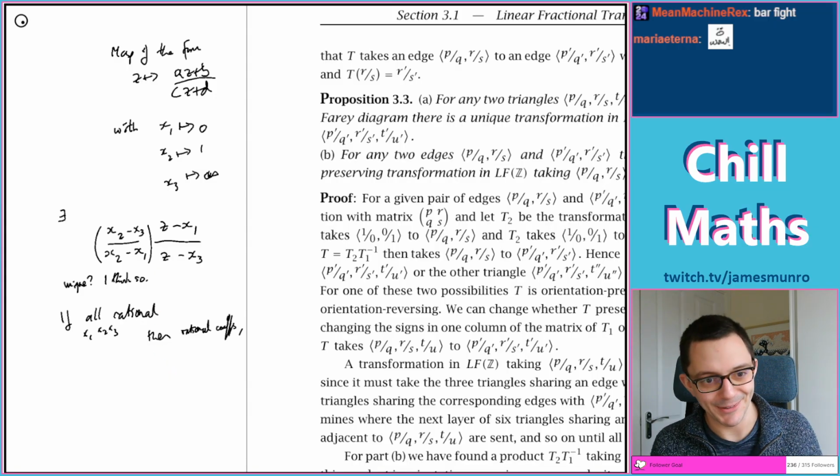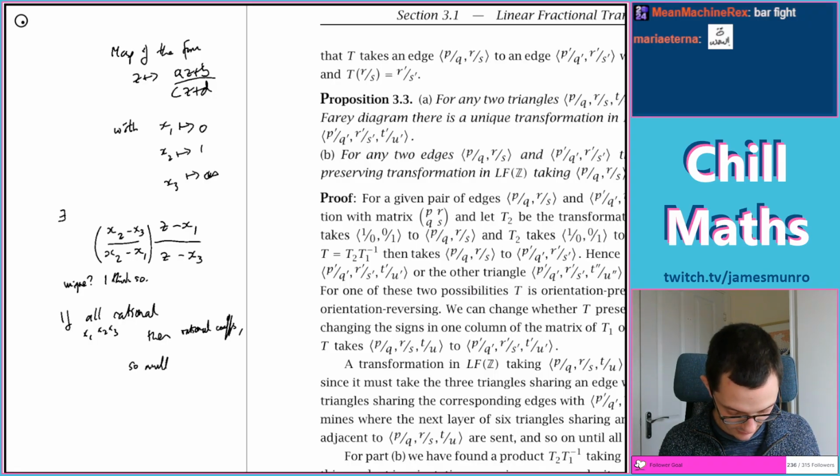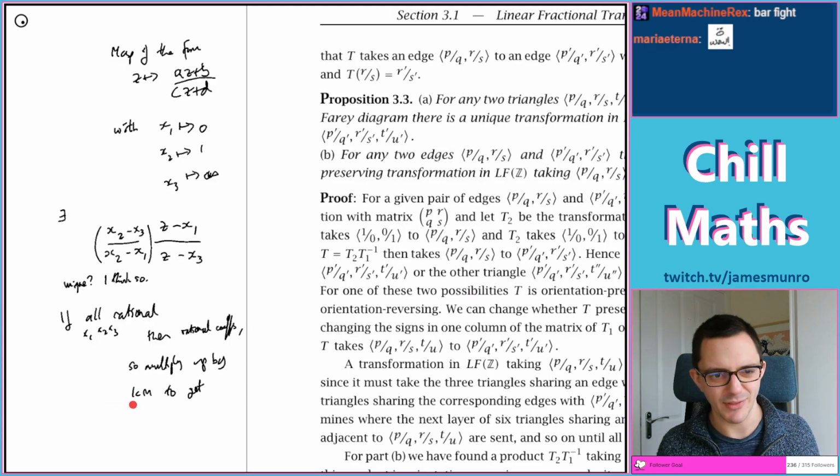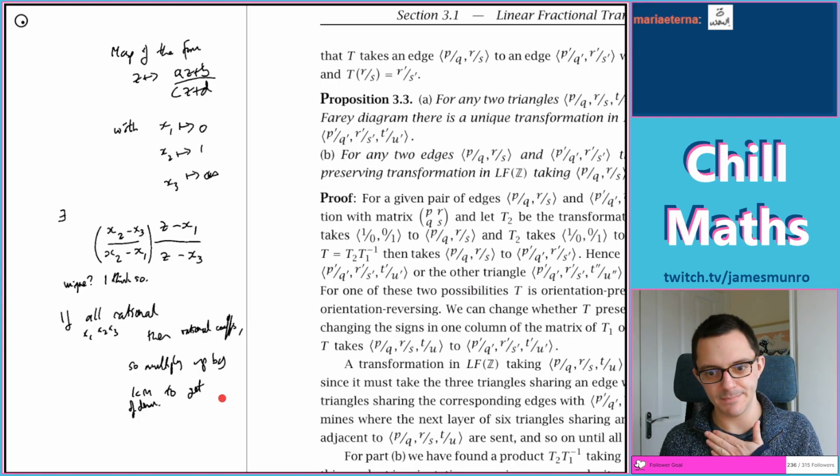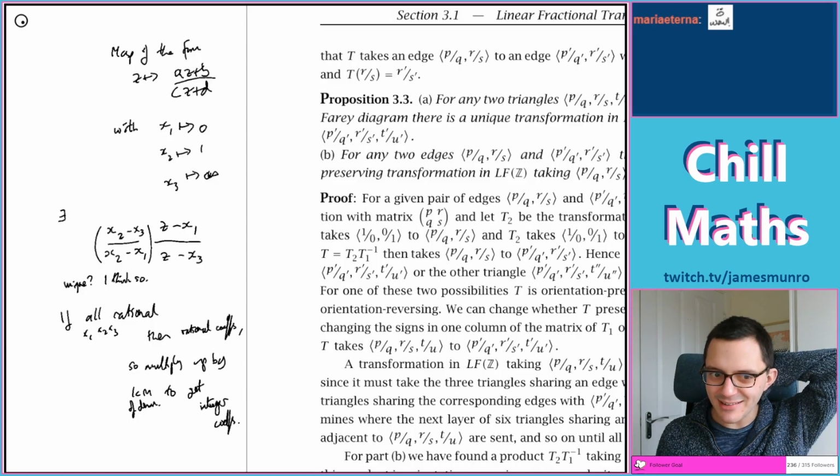So particularly you've got real coefficients, but better than that, you can multiply up by the LCM of the denominators, excuse me, to get integer coefficients.